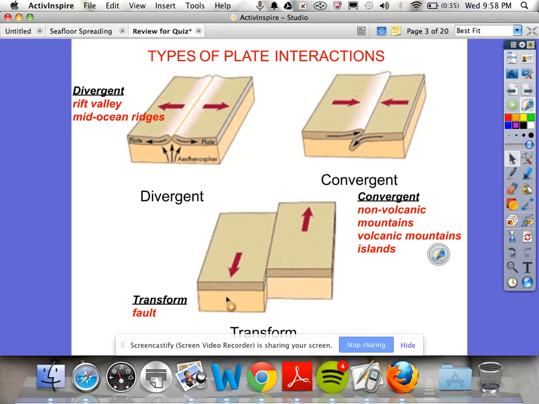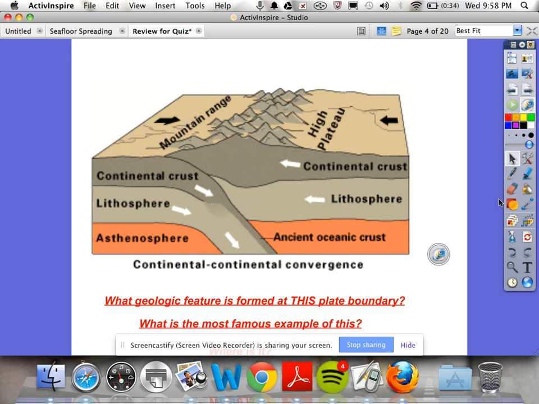We're going to review all of these, and you're going to tell me, by looking at a cross-section of the Earth, what type of geologic feature is going to be formed at a specific boundary, and the most famous location on Earth that we know that demonstrates that type of boundary. So let's begin.